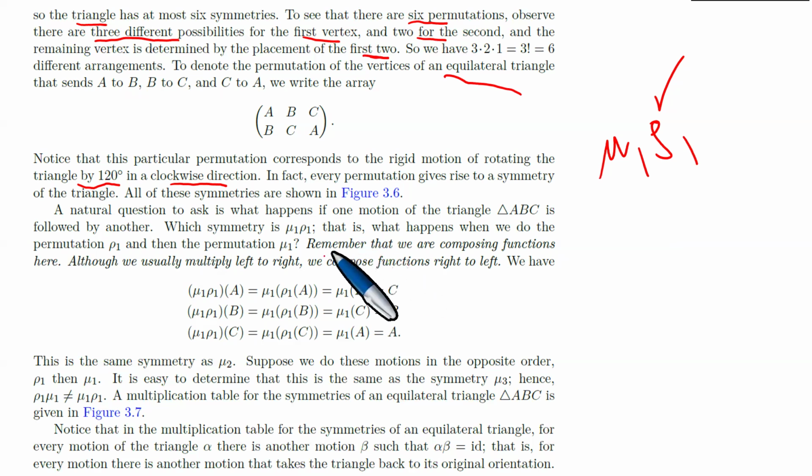Sorry, I was speaking to someone here. So which symmetry is mu1 rho 1? That is what happens when we do the permutation rho 1 and then the permutation mu1. Remember that we are composing functions here. Although we usually multiply left to right, we compose functions right to left.